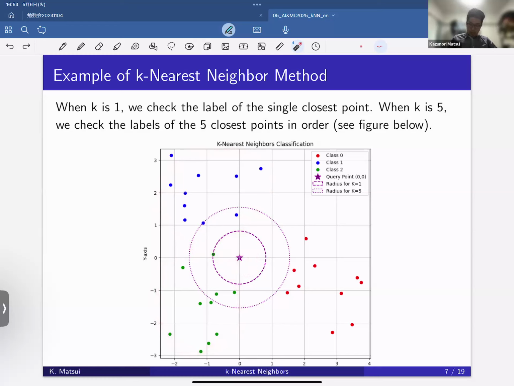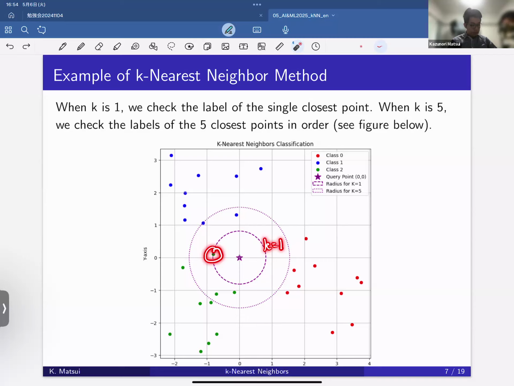For k is 1, we only look at the closest data point here. Which one is closest to this star? So this one is closest to this star.